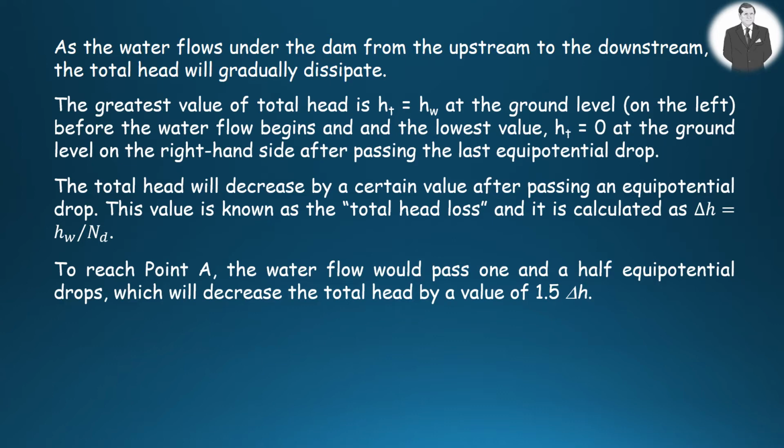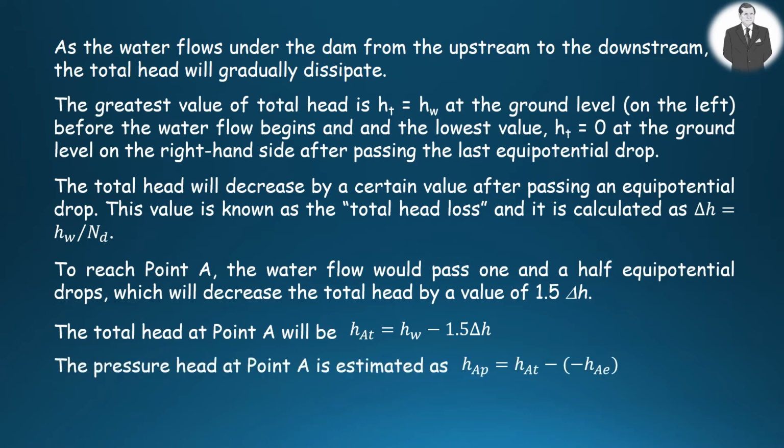To arrive at point A, the water would pass 1.5 equipotential drops, which will decrease the total head by a value of 1.5 delta H. The total head in this case at point A will be HW minus 1.5 times delta H. The pressure head at point A is calculated as HAT plus HAE.